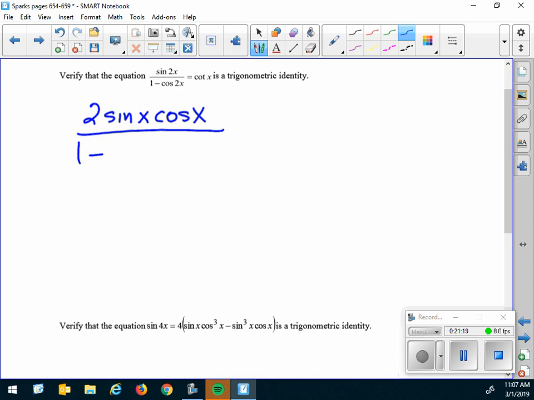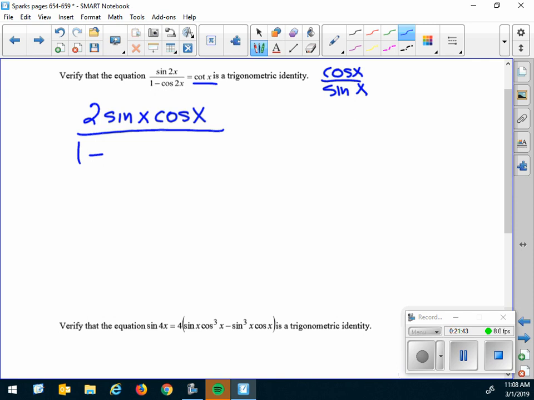Now, this is where you got to really stop and think a bit, because I got 3 different options, don't I? Well, which one do I want to use? Where am I trying to get? I'm trying to get to cotangent x. So I'm trying to make this thing end up being cosine x over sine x, right?